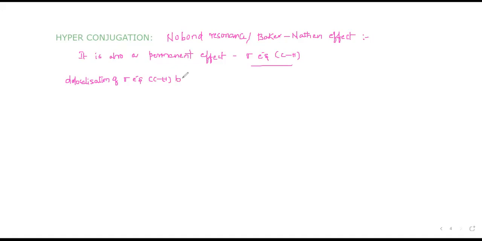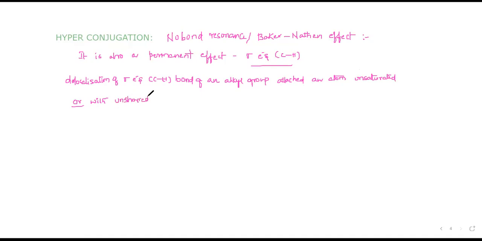Sigma electrons of the C-H bond of an alkyl group attached to an atom or a group containing what hybridization? sp2 unsaturated carbon, or any carbon or any group with an unshared p orbital.